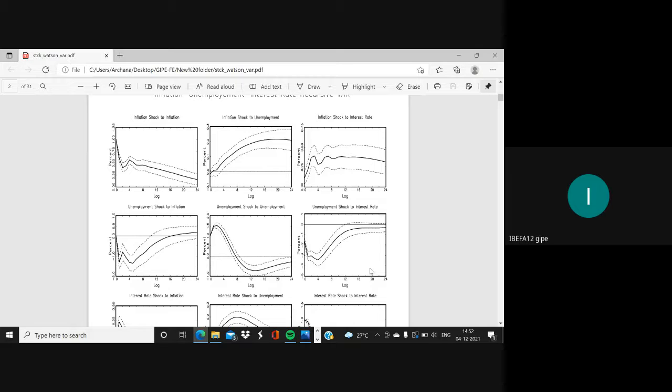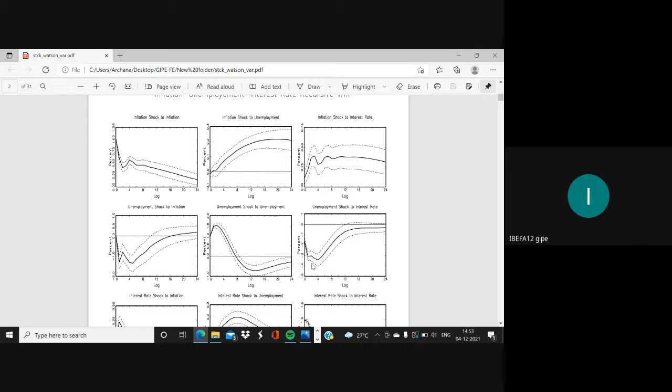Also, in your VAR model, you are going to impose certain restrictions to allow for identification. Because of this, you will make sure that your structural error terms are no longer correlated in some sense. So when you're looking at the inflation shock, you'll be looking at the impact of that shock on these variables without it affecting the other shocks. Okay, so we are making sure that the other shocks are not affected.